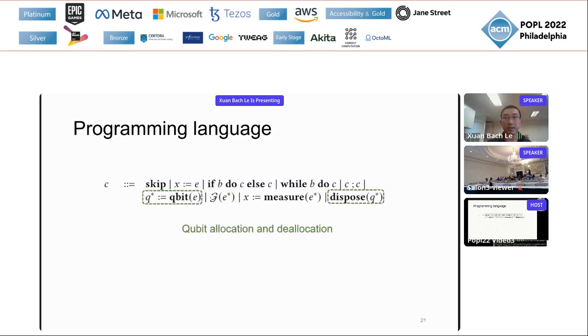And on the second line, we have statements for quantum computations, such as qubit allocation and deallocation. The allocation statement means that we create an array of qubits of size E and initialize their state to zero. In contrast, the dispose statement frees the entire qubit array.